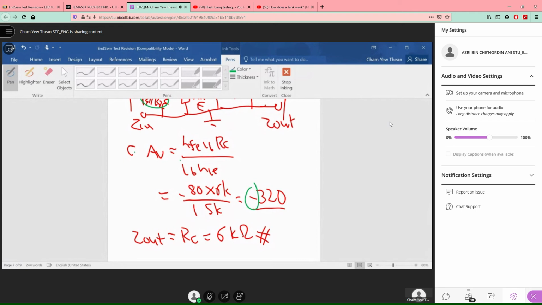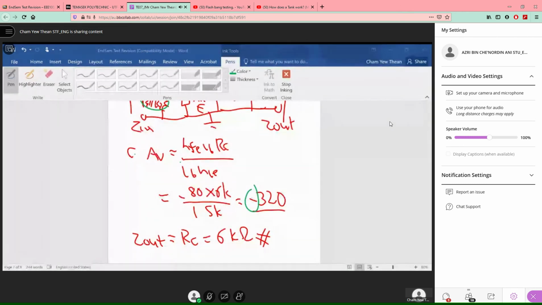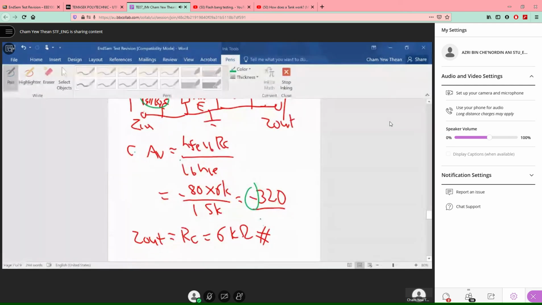What does this tell you about the phase relationship between input and output? Yes, 180 degrees out of phase. So whenever you see a minus in the voltage gain, the output voltage and input voltage are 180 degrees out of phase.